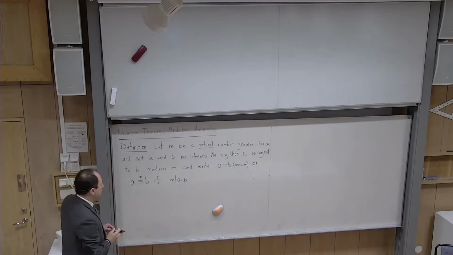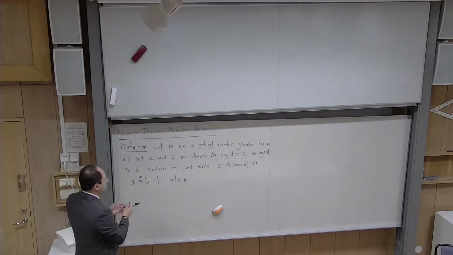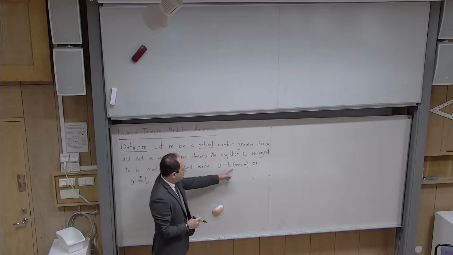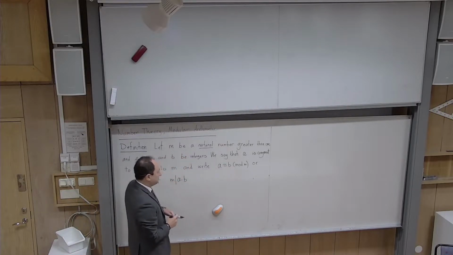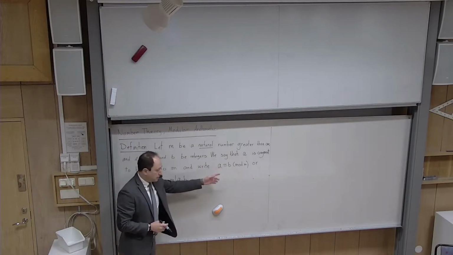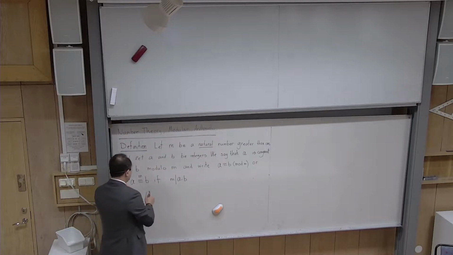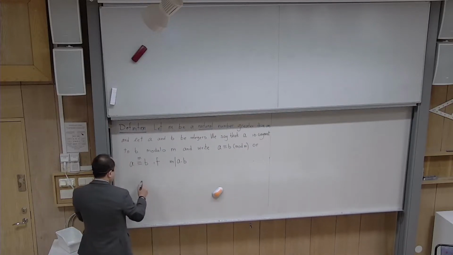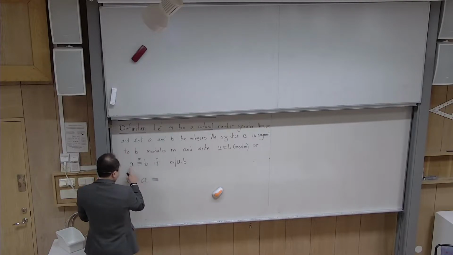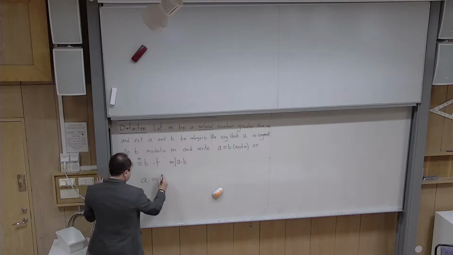Yes? So this is just a definition, a very, very simple thing. I will not use this notation, it's unnecessarily long, but this is probably the most standard notation. So I will use this. Whenever you see this symbol, you read it as: a is congruent to b modulo m.